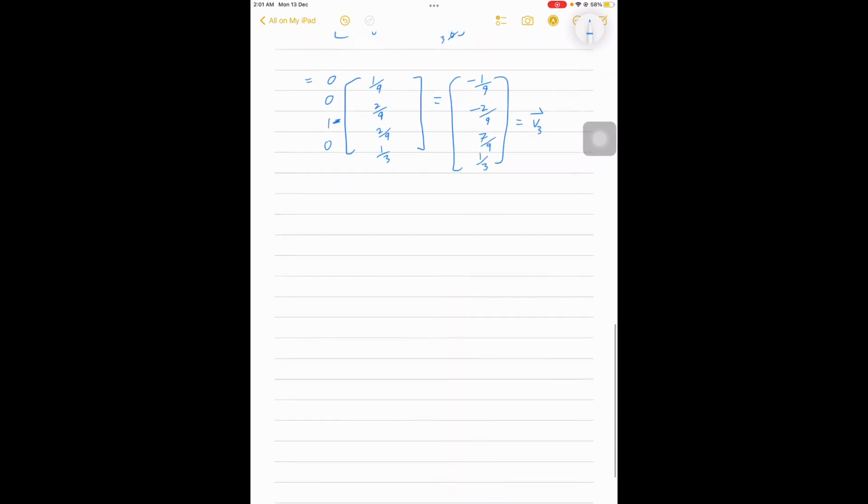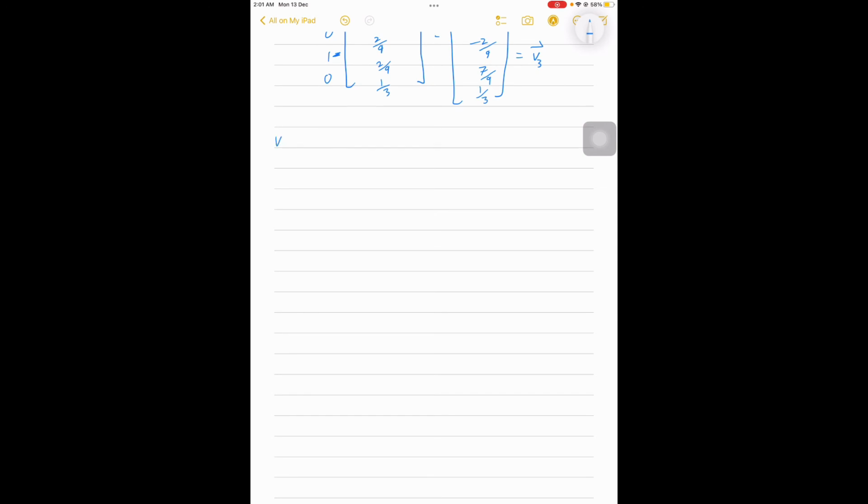Now for v4, you follow the same pattern once again, which is x4 minus x4 dot v1 plus x4 dot v2 plus x4 dot v3 times v3.